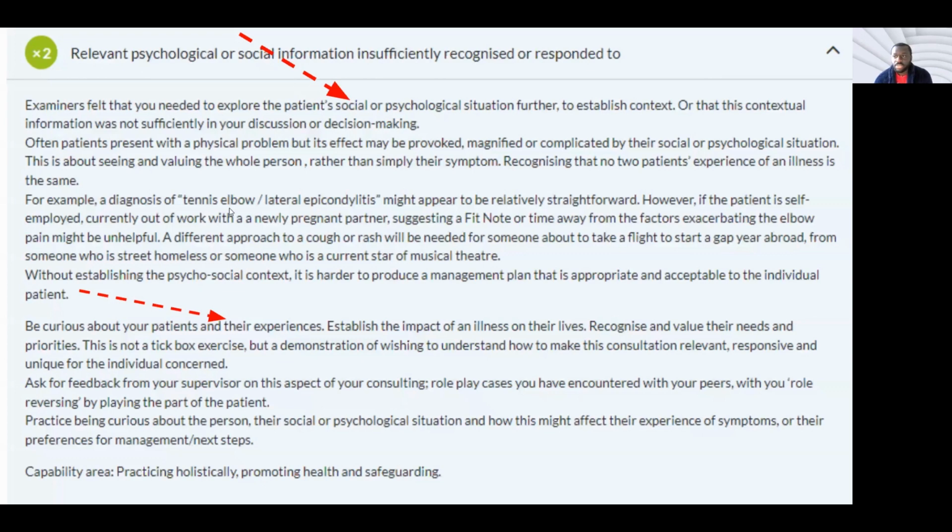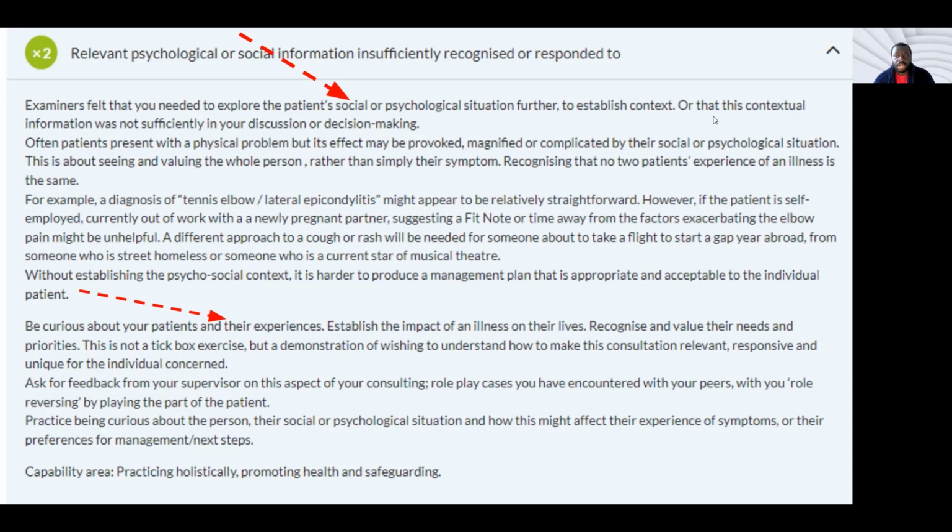So I'll just talk about the areas I've highlighted with the red arrows. This topic says relevant psychological or social information insufficiently recognized or responded to. The examiners felt that you needed to explore the patient's social or psychological situation further to establish context.